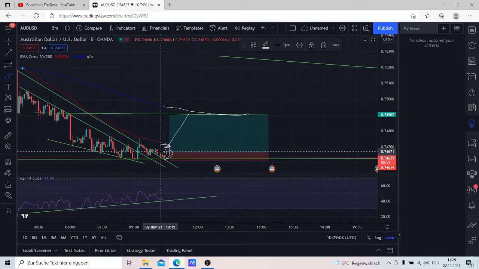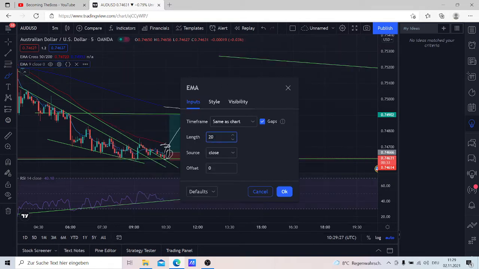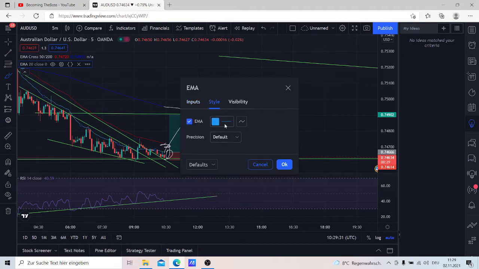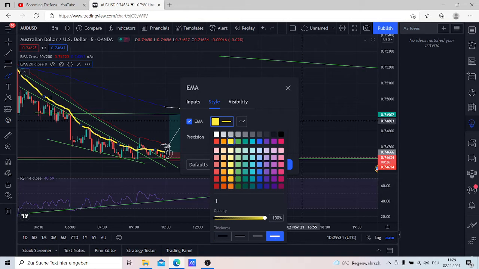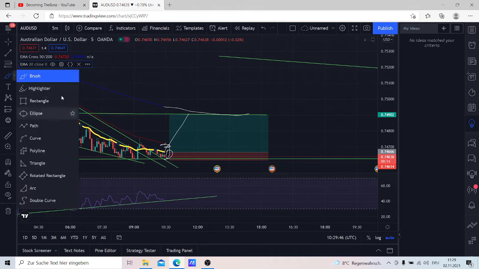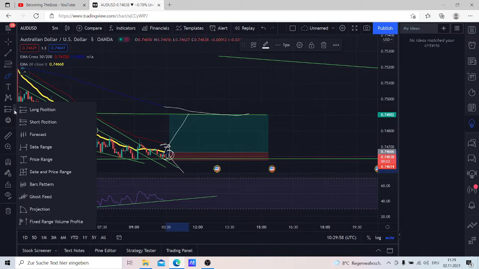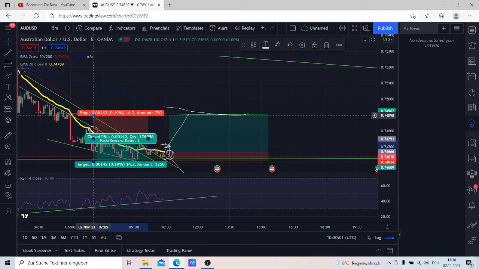Otherwise, of course, since this looks like the 20 EMA that we are getting rejected by, if we see something like this, maybe not that big, but a fully closed candlestick rejected by the 20 EMA, you could also short down and take this kind of trade.